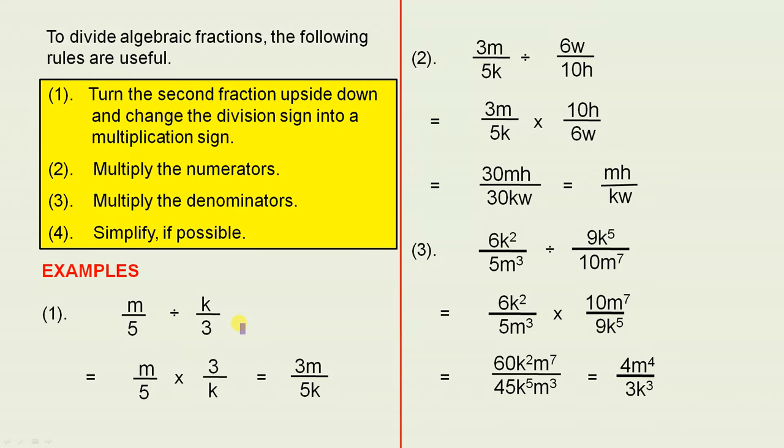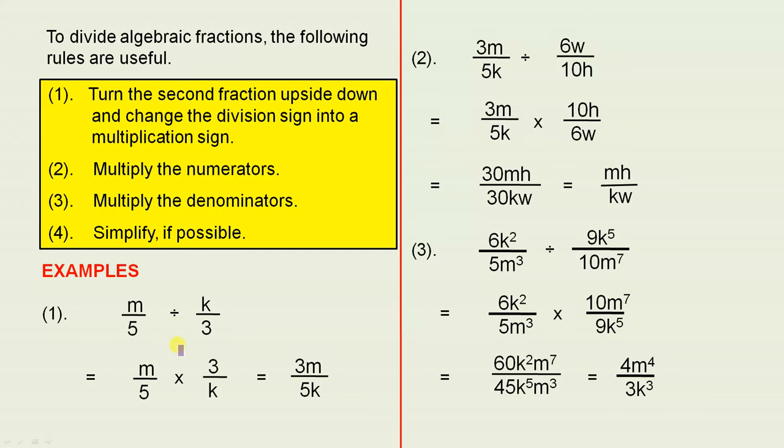Example 1, m over 5 divided by k over 3. The first point says that we turn this fraction, which is the second fraction, upside down and change the division sign into a multiplication sign. So, k over 3 becomes 3 over k.